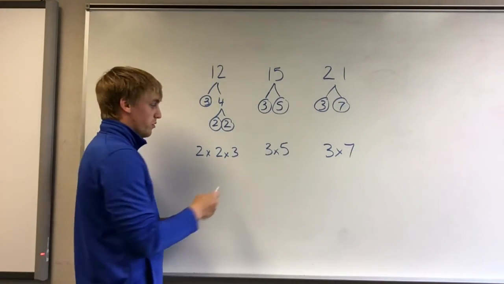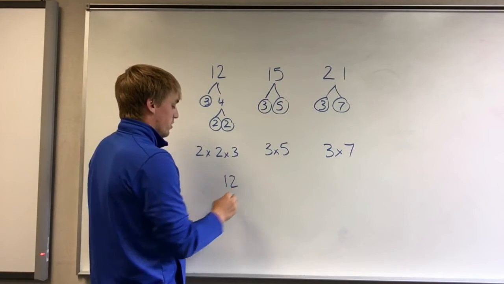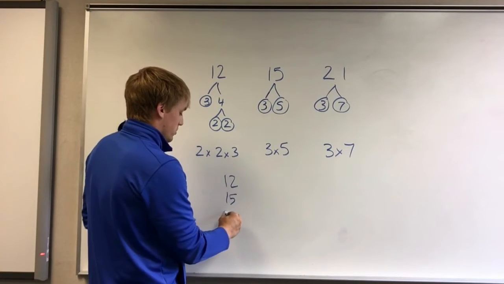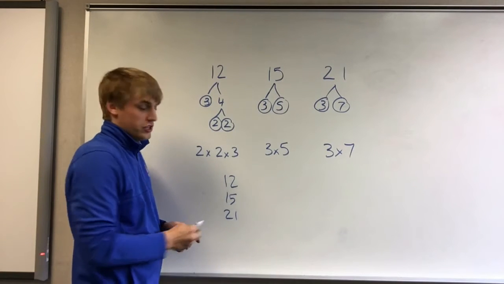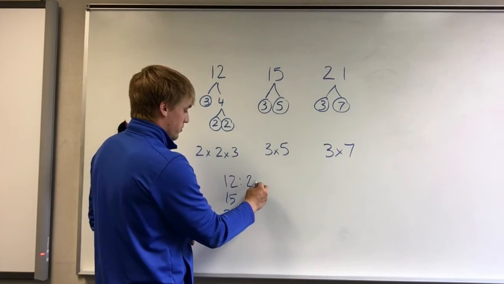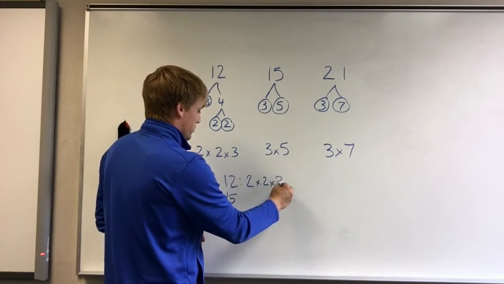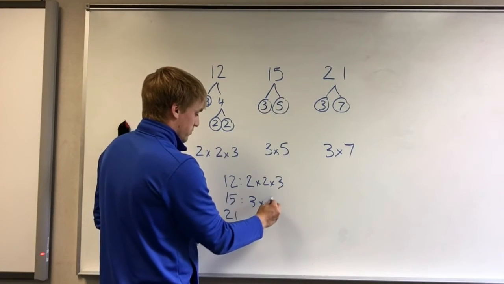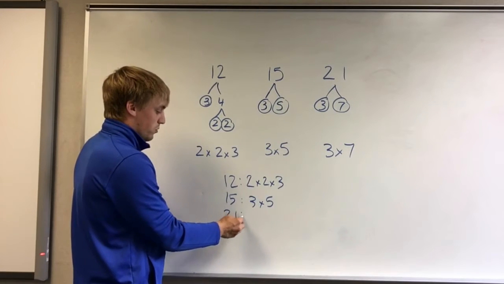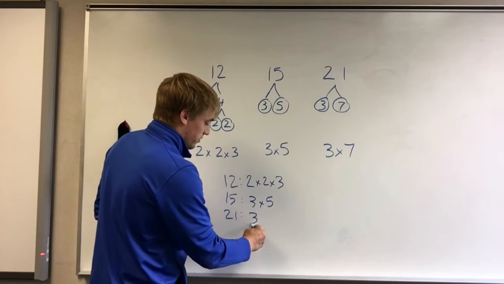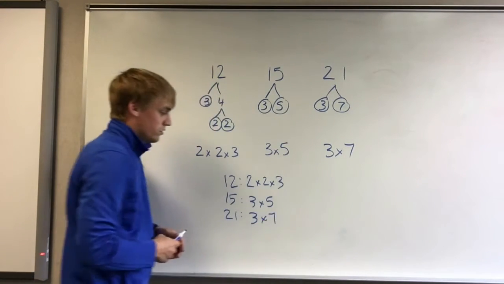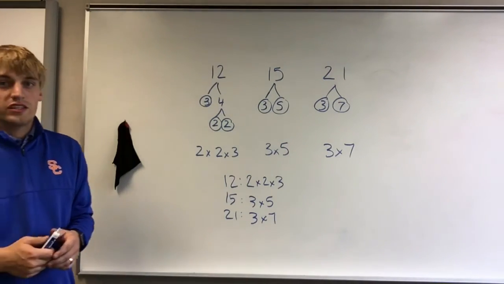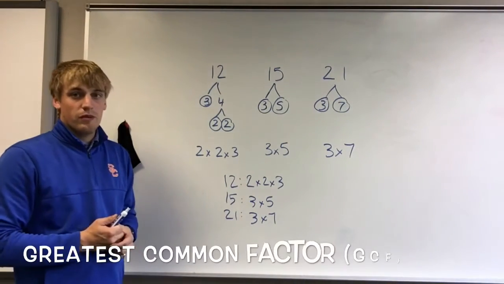When I do this with three numbers, I like to write the prime factors for each out in a list. So I'm going to rewrite them again. 12 is 2 times 2 times 3. 15 is 3 times 5. And 21 is 3 times 7. So to find the greatest common factor, you need to figure out what they have in common.